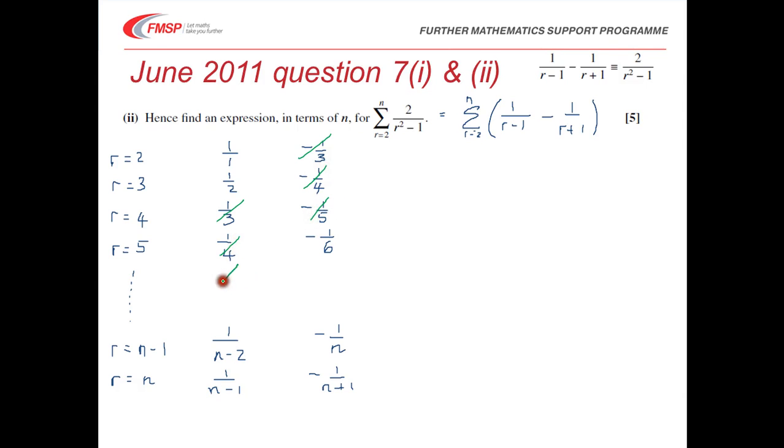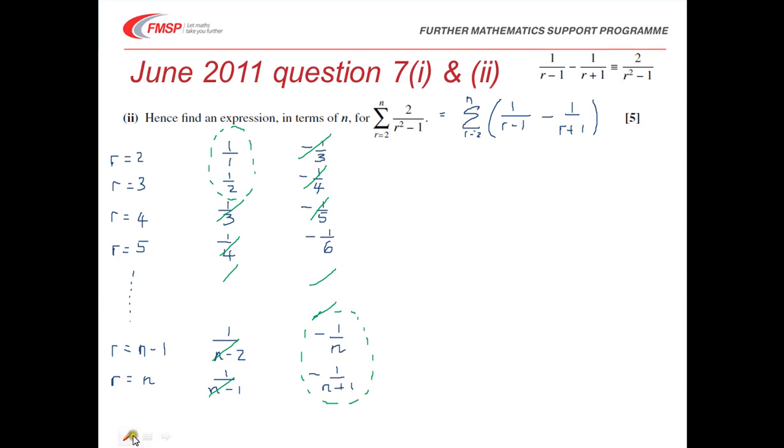We can suspect that these will all go out, as will this one up here, and this one here. So what we're left with is these 2 terms and these 2 terms. You should always find that you're left with the same number of terms at the top as you are at the bottom.